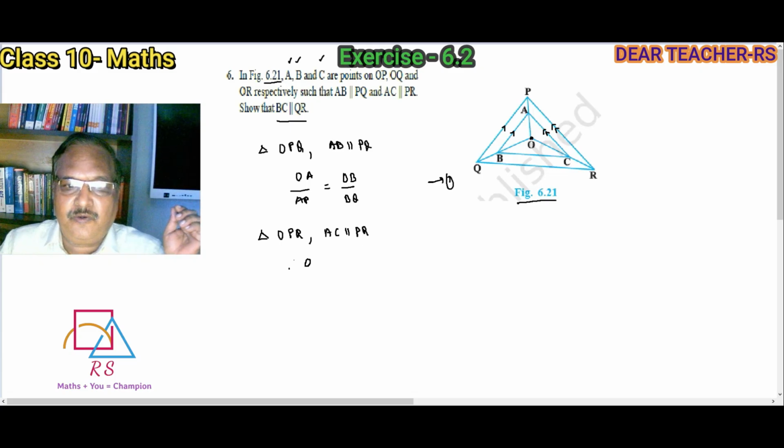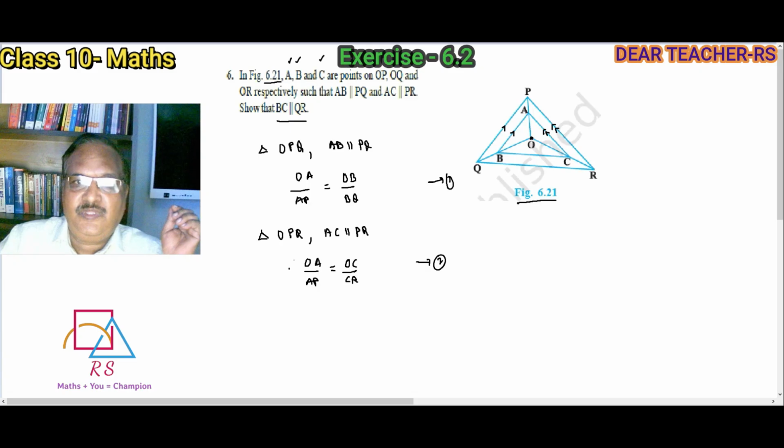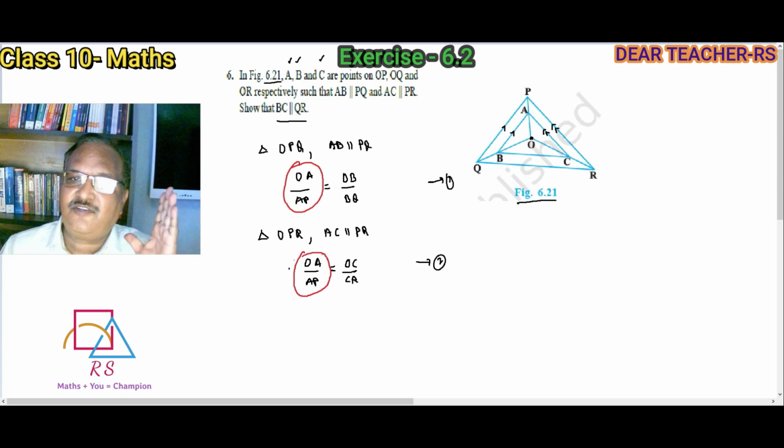So then OA by AP is equal to OC by CR. Let us say this is second equation. In both the equations, OA by AP and OA by AP are same. So left hand sides of both 1 and 2 are equal. Therefore right hand sides are equal.